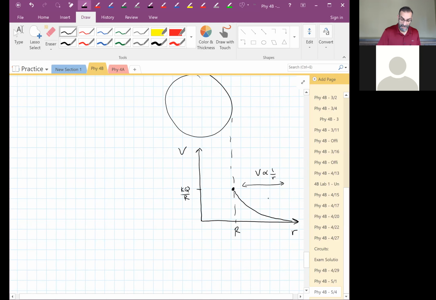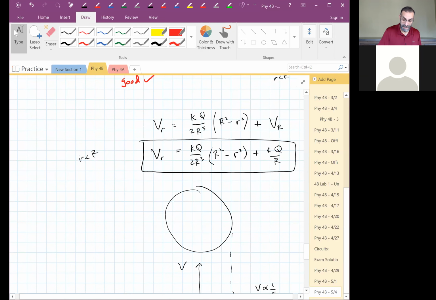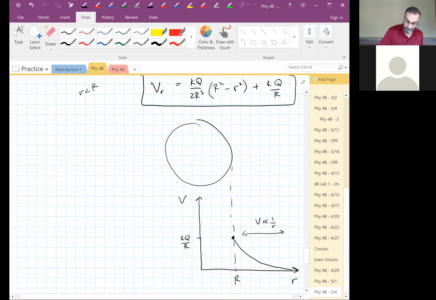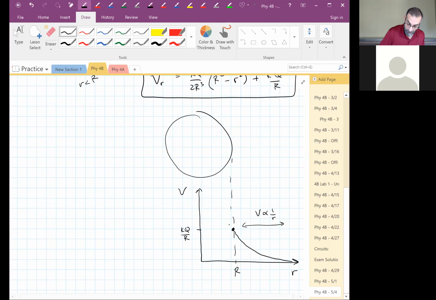But then inside, it has this odd behavior, it goes as negative r squared. So it does this. In this region, it's proportional to negative r squared.